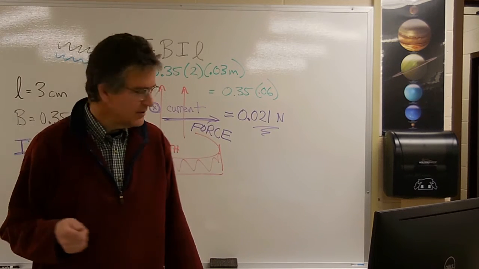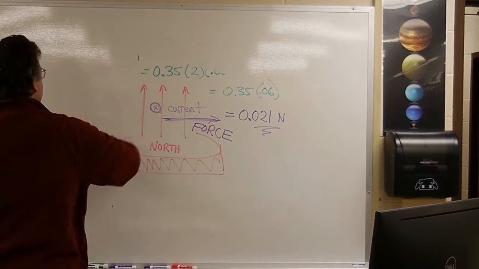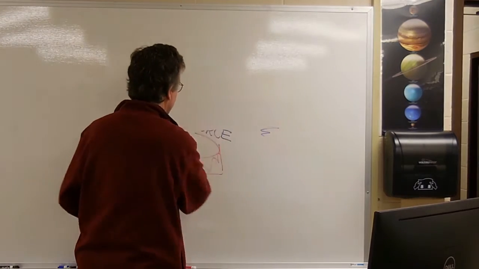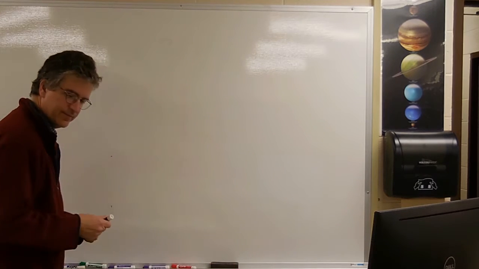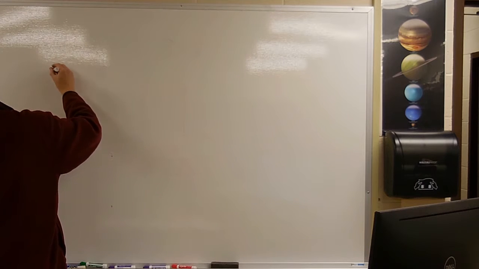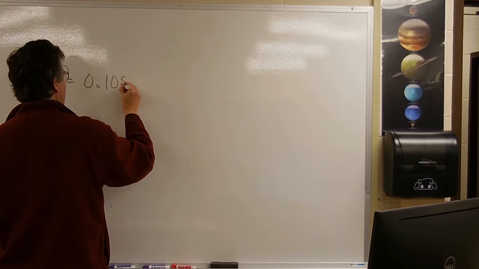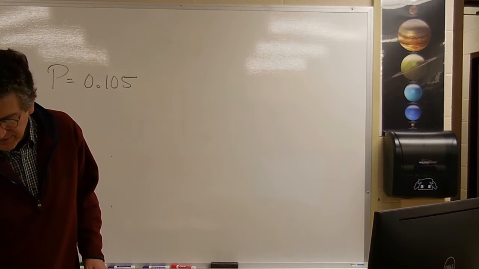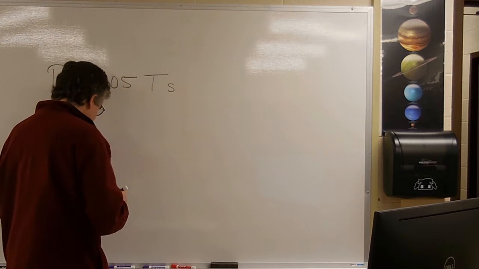Okay, and so for this, the power formula for a motor is P equals 0.105 times the torque times the speed.